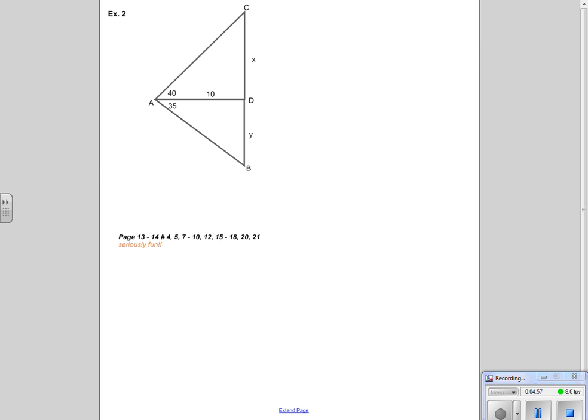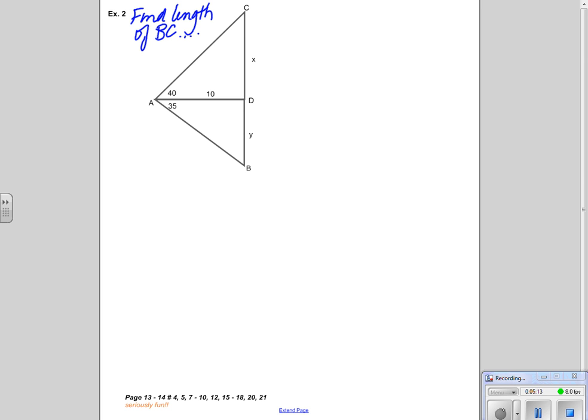Second example. We want to find the length of BC. So B to C is this entire length here.